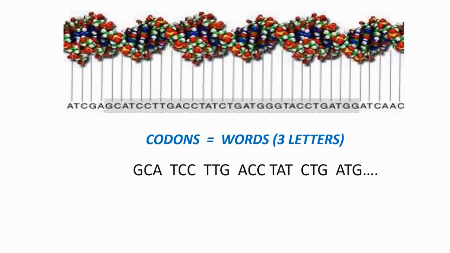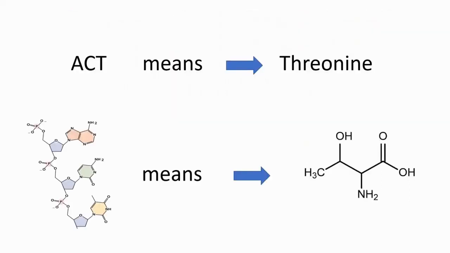The meaning of the codons cannot be deduced from their chemical nature, which is why the language of DNA is symbolic. Here's an example. The codon ACT means, or codes for, the amino acid threonine. We can also see here the chemical structures of both that codon, ACT, and the amino acid it codes for, threonine.